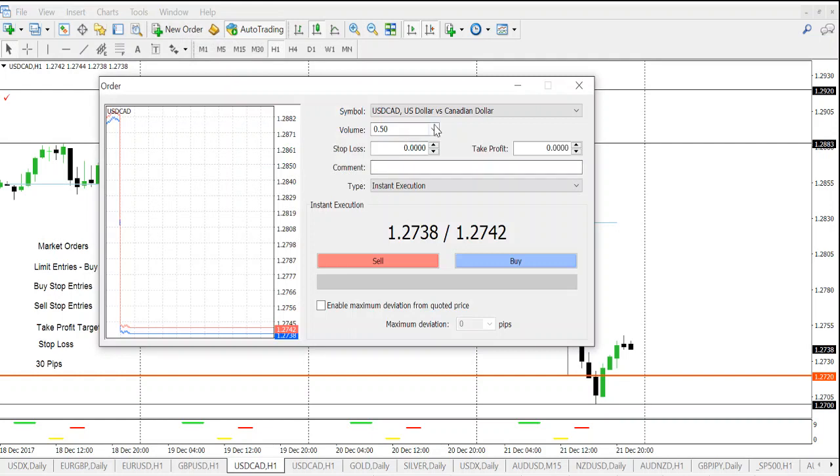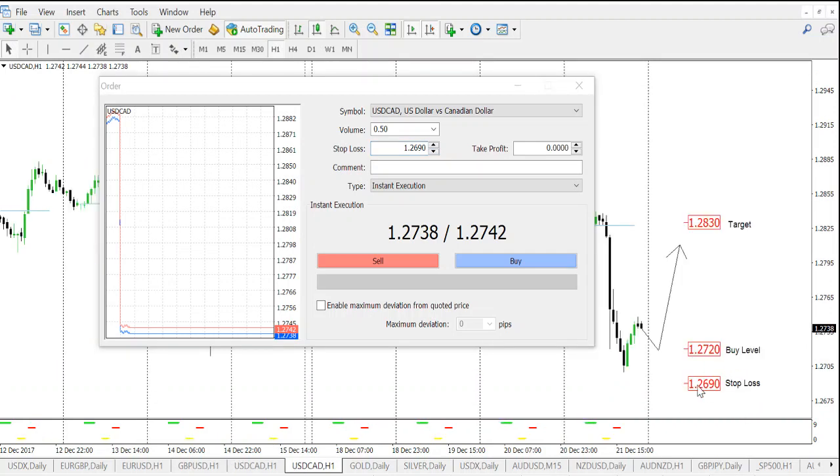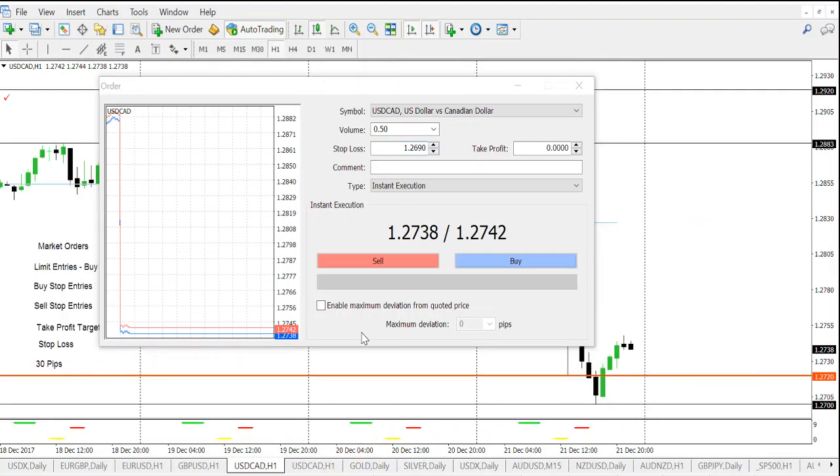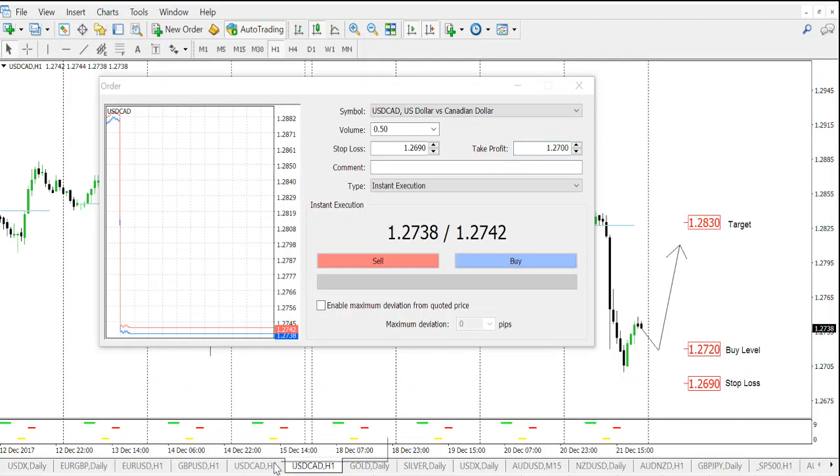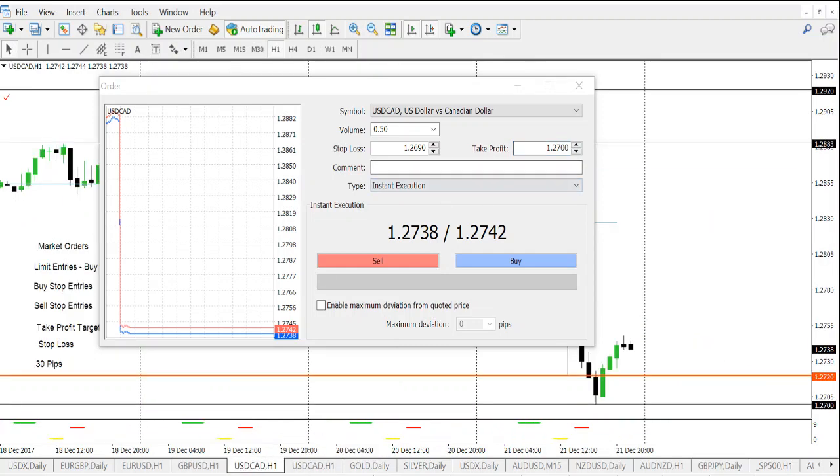Now also with a market order, if that's what I wanted to do, I would also want to put in a stop loss. So our level would be 126.90, which is what I had identified on this signal. And I want to do my take profit at 128.30.